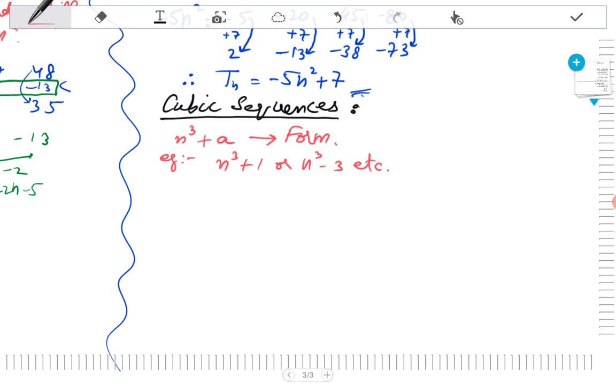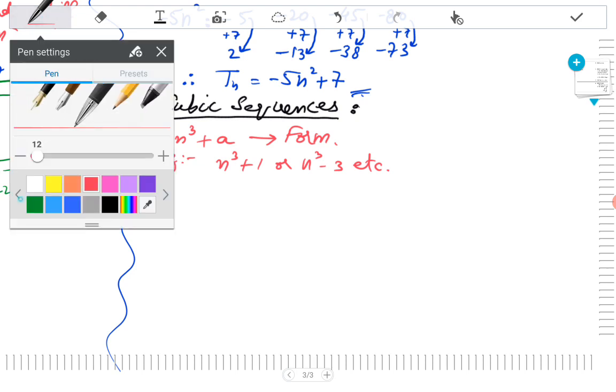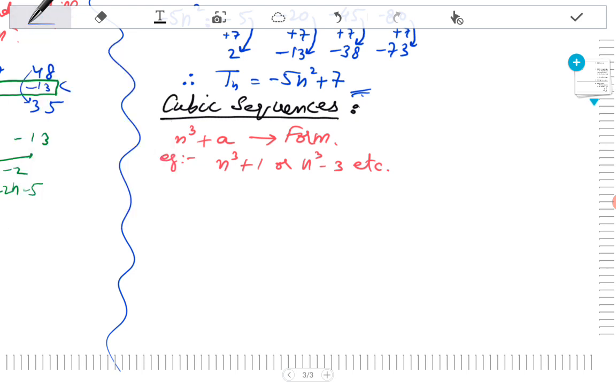Okay, now try some questions here. If I take an example, how do you identify that this is neither an arithmetic nor a quadratic sequence?